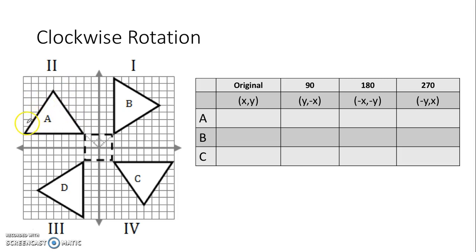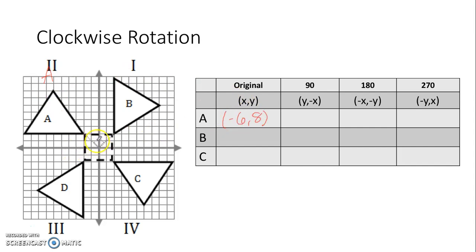The first one that we're going to do is, counting 1, 2, 3, 4, 5, 6, negative 6, 8. So vertex A is negative 6, positive 8.